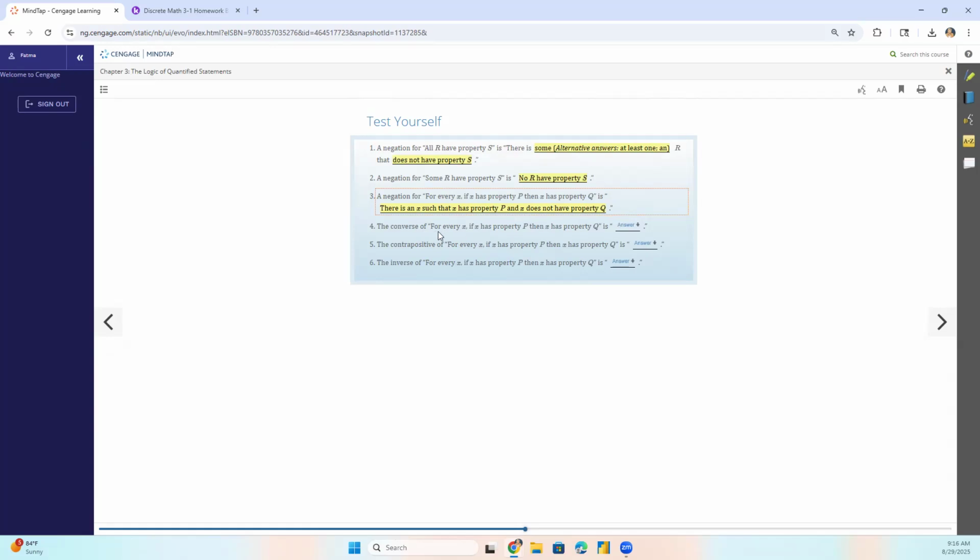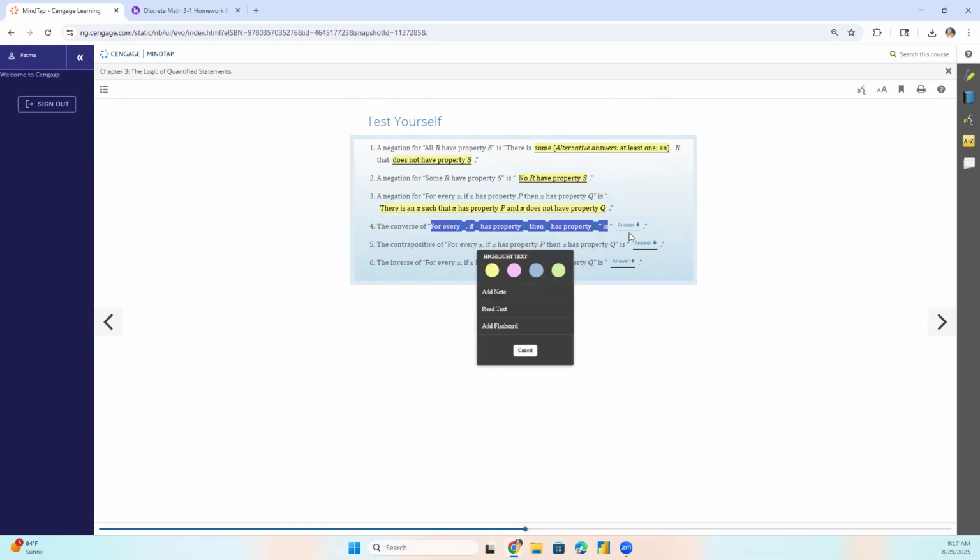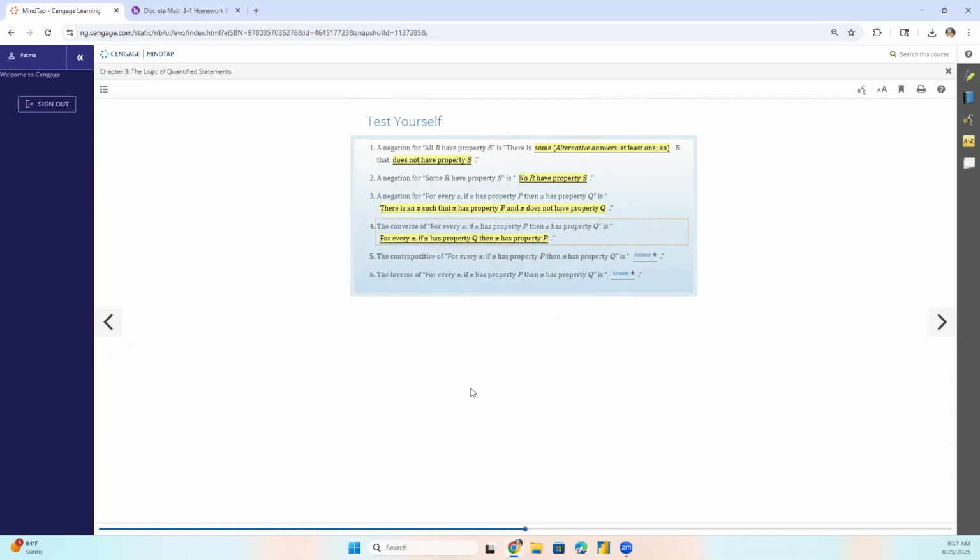The converse of "for every X, if X has property P, then X has property Q" is, for every X, if X has property Q, then X has property P. This is how we write its converse.